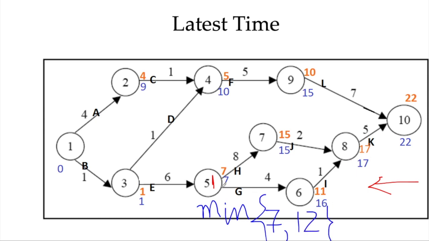So this will give us 7. So this activity has to start on 7, otherwise this activity cannot be finished.